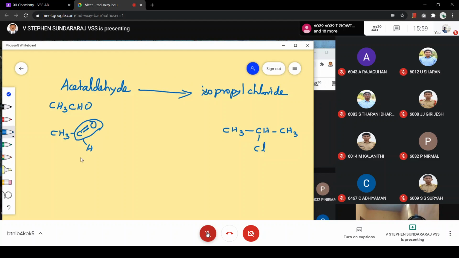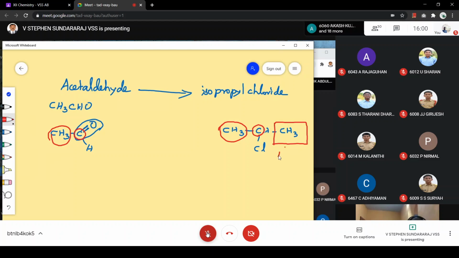Here there is CH3, there is CH3, and there is one carbon with oxygen which can be converted into alcohol later on. So this carbon is also there. That means one extra carbon, a methyl group, has come.